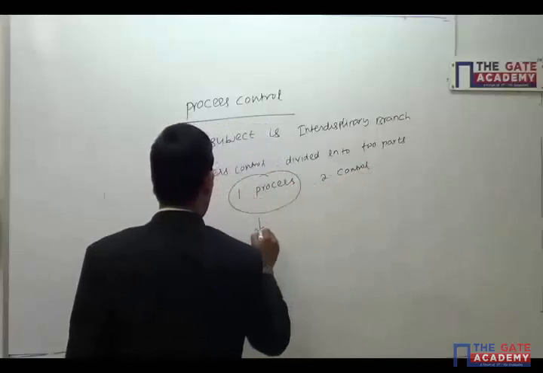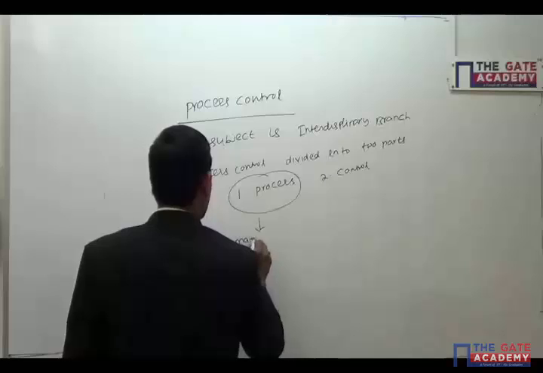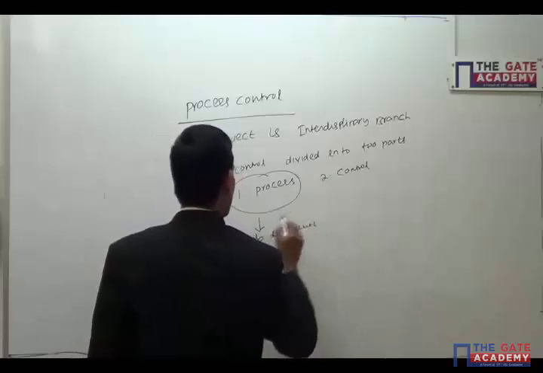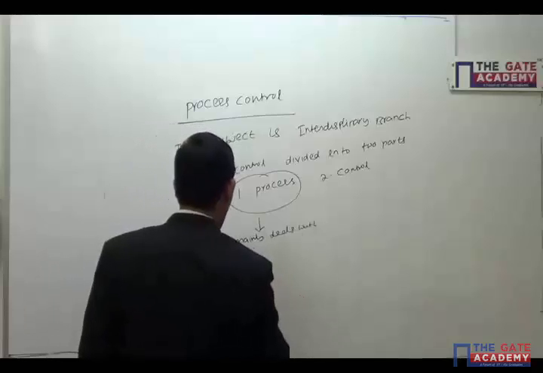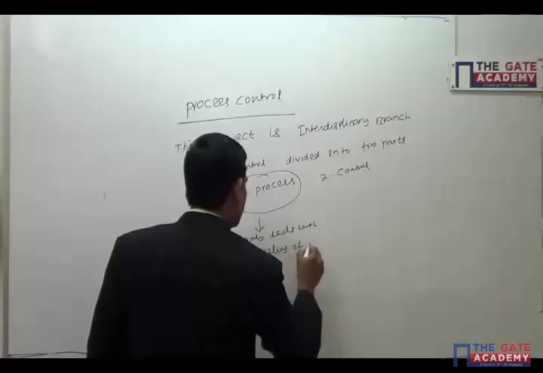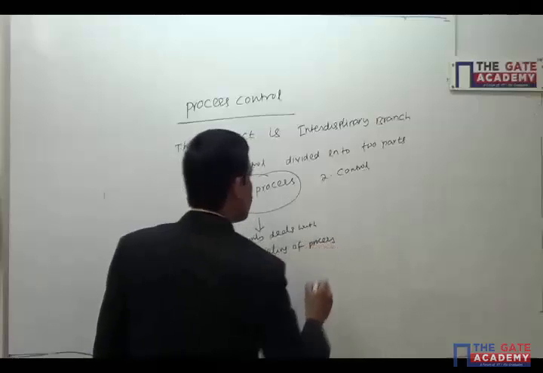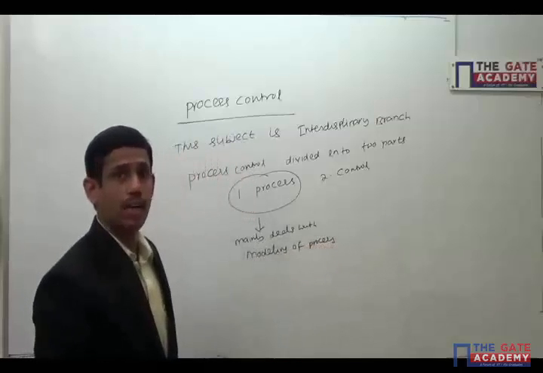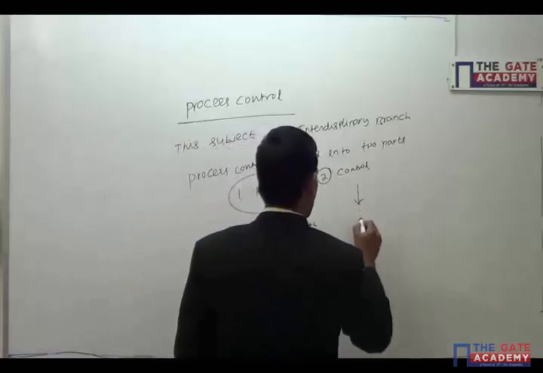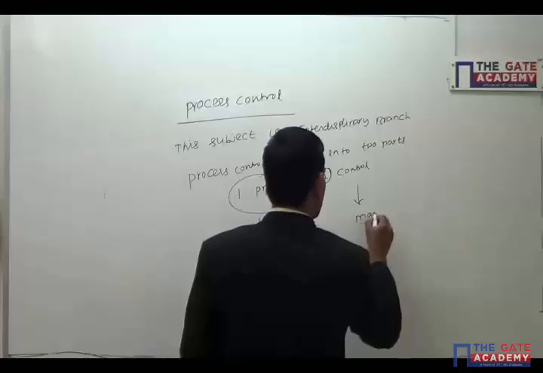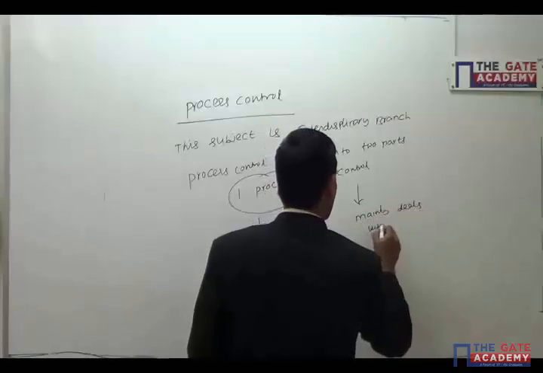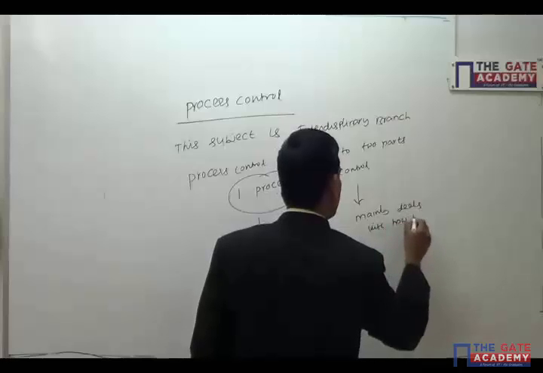Process mainly deals with modeling, whereas control mainly deals with how to control.